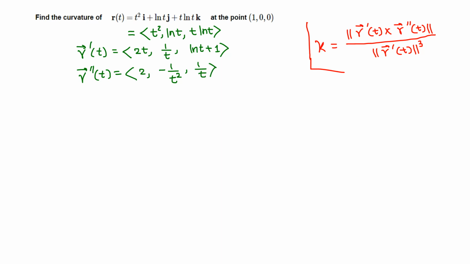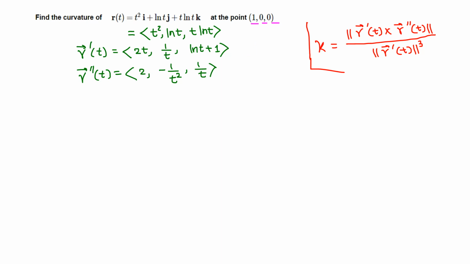Okay. Now we need to evaluate these derivatives at the parameter t value, but we are given the point (1, 0, 0). This 1 corresponds to the first component, t squared, the second component corresponds to this, and the third component corresponds to this. From this we should be able to find the parameter t value.